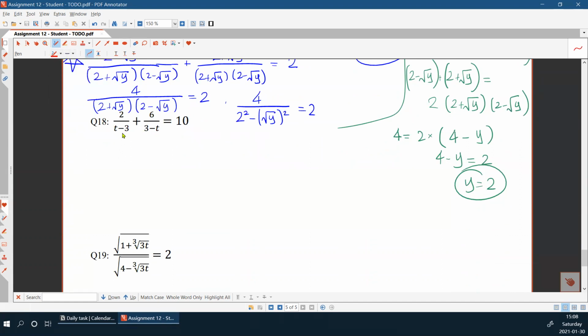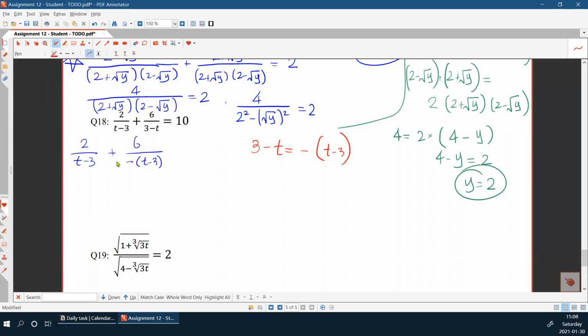Okay, next one, again, you have t minus 3 and 3 minus t, right? To merge them together, you need to use a least common denominator. Okay, note that 3 minus t is actually minus brackets t minus 3, right? So we can rewrite the second term to 6 over minus t minus 3, right?